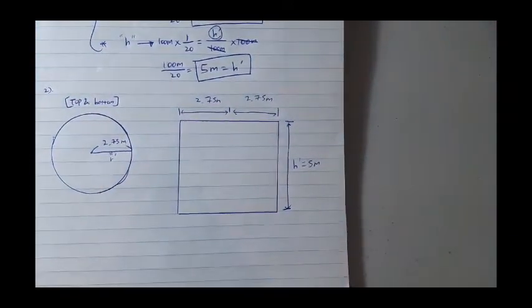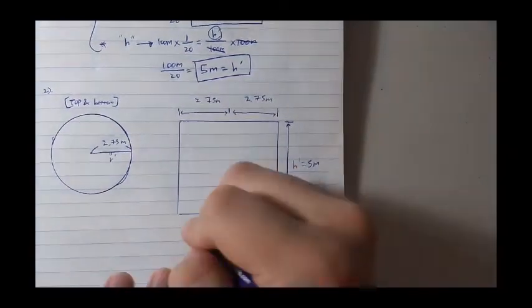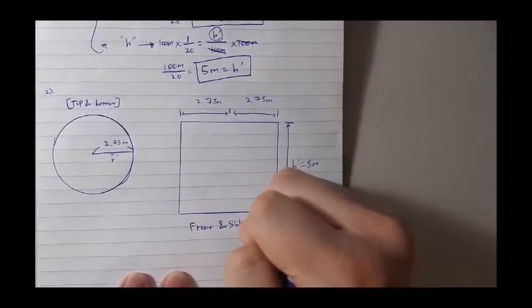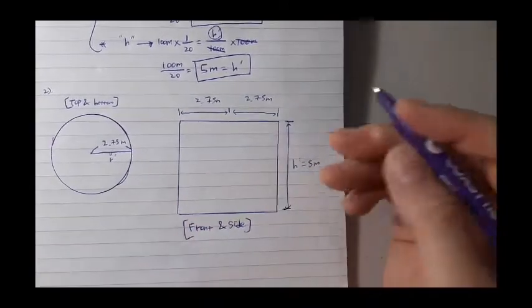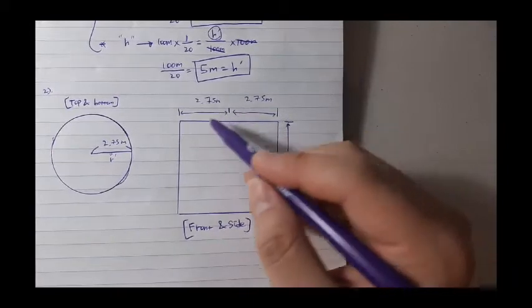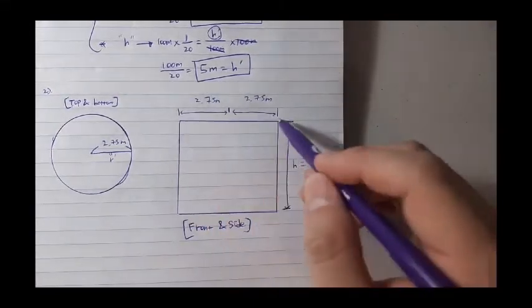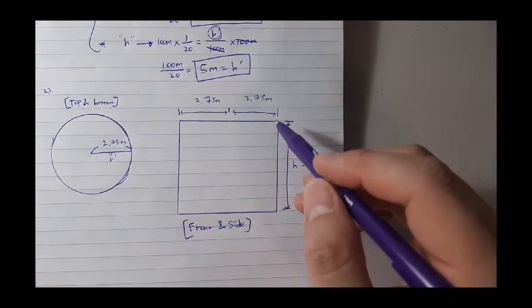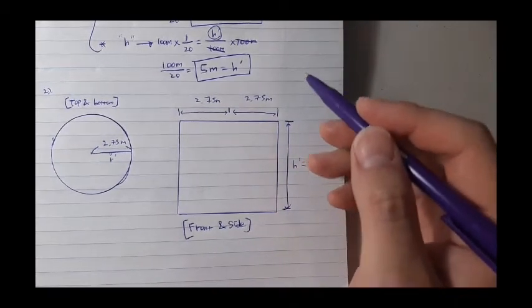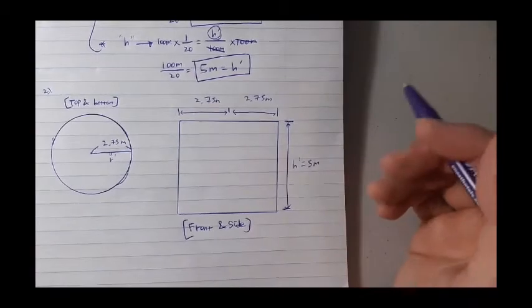So if you want a front view, front or side, if it's a perfect cylinder, they should share the same amount. So in either case, you may notice that I'm putting the whole diameter instead of the radius, which is 5.5 if you multiply 2.75 together.